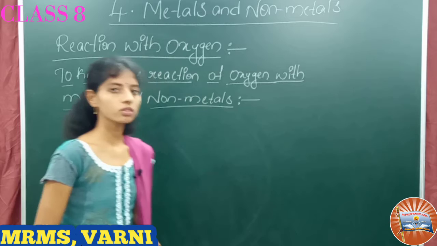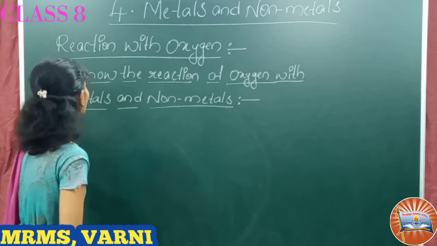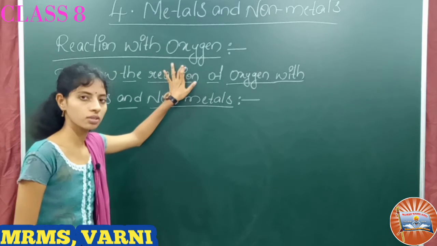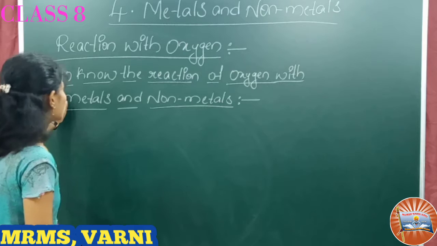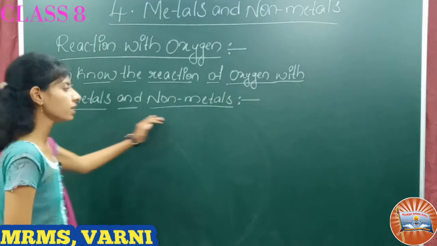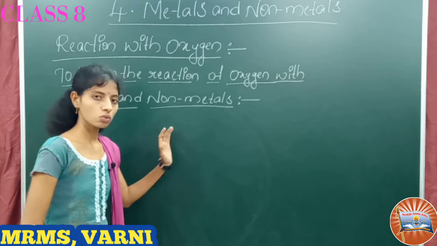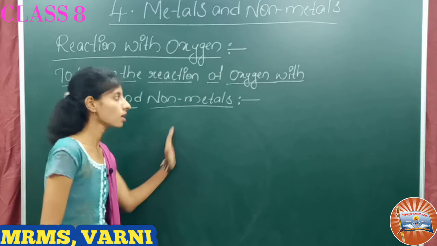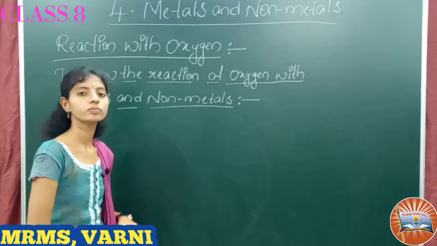See, the next topic from metals and non-metals: reaction with oxygen. That means to know the reaction of oxygen with metals and non-metals. So what will happen when metals and non-metals react with oxygen?